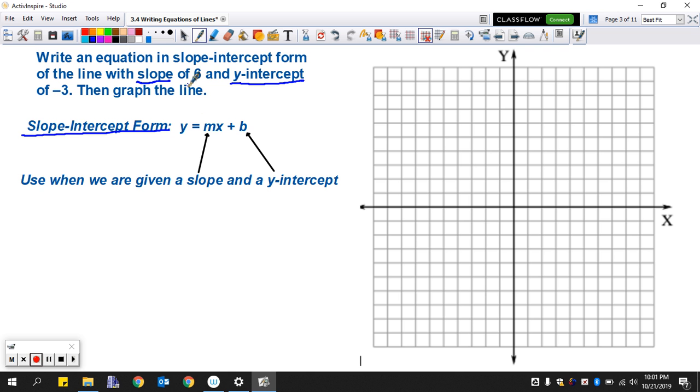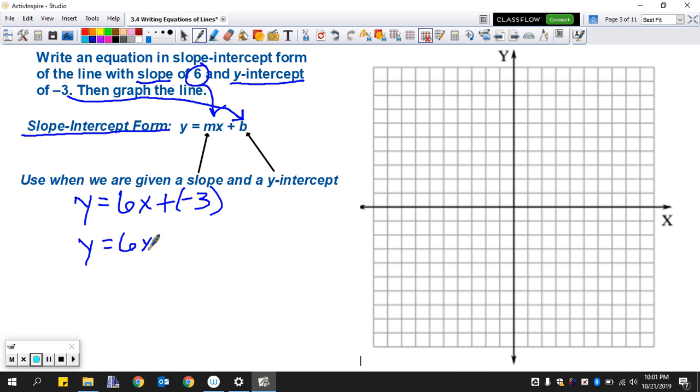The slope is 6, so that gets plugged in for m, and the y-intercept is -3, which gets plugged in for b. So when we do that, we end up with y is equal to 6x plus negative 3, and simplifying it even further, y is equal to 6x minus 3.